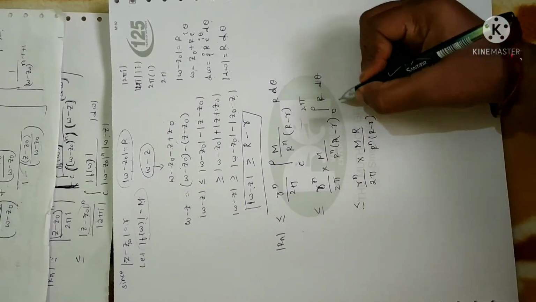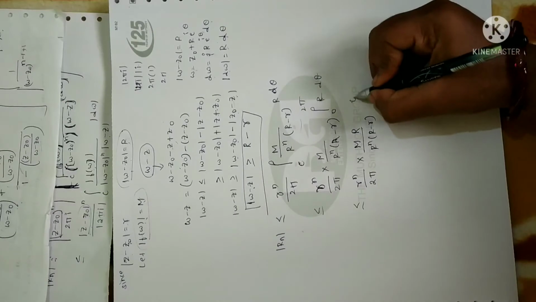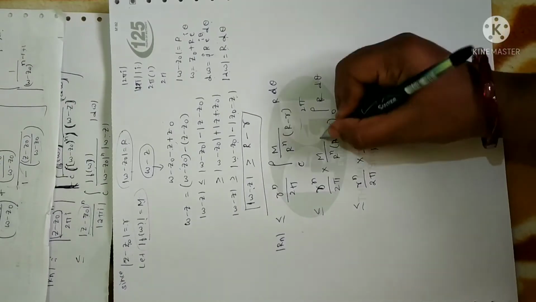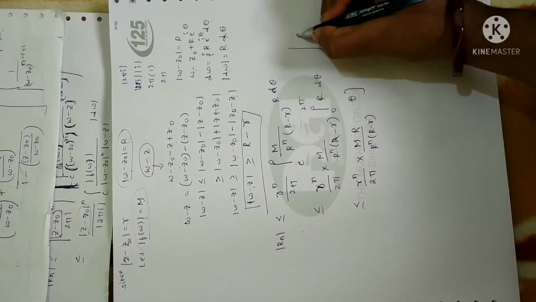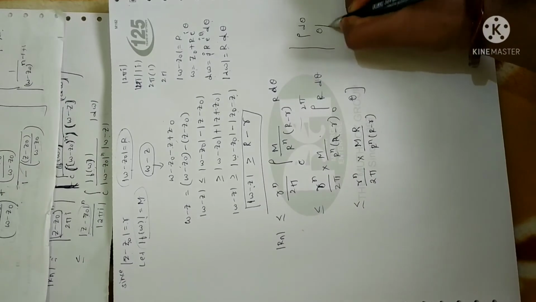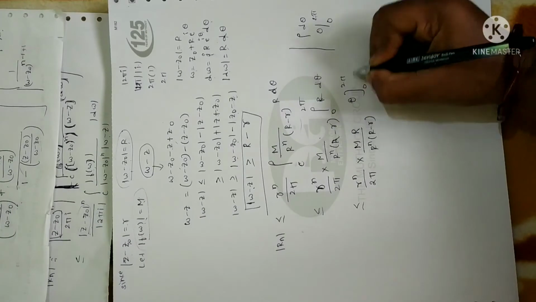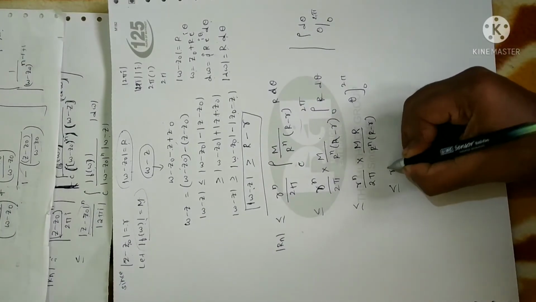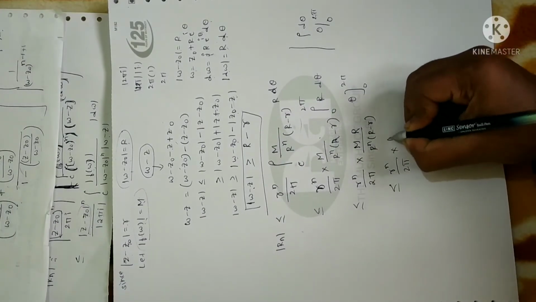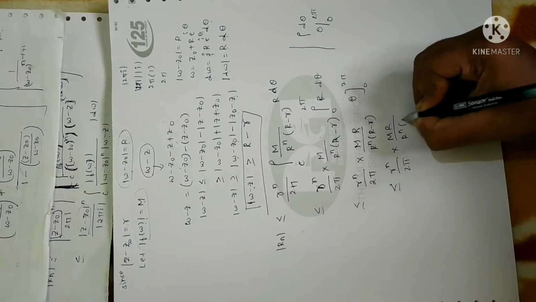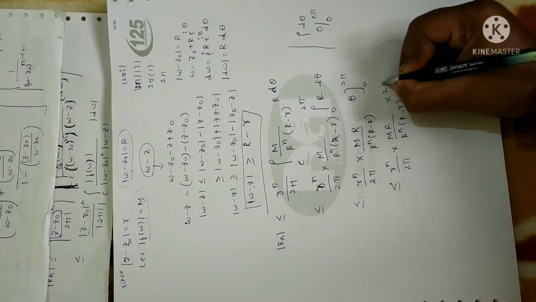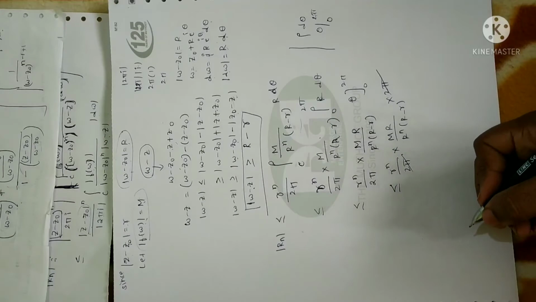So the integration of d theta will be theta. Clear? When you integrate it, you will get theta with limits from 0 to 2 pi. When you apply the limits, 2 pi minus 0 is 2 pi. So I can write this as r power of n by 2 pi into capital M r divided by r power of n into capital R minus small r into 2 pi. Now 2 pi gets cancelled.